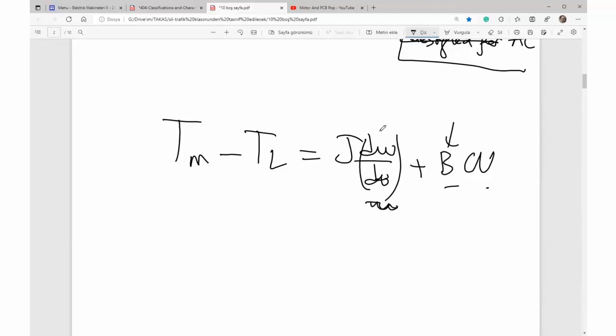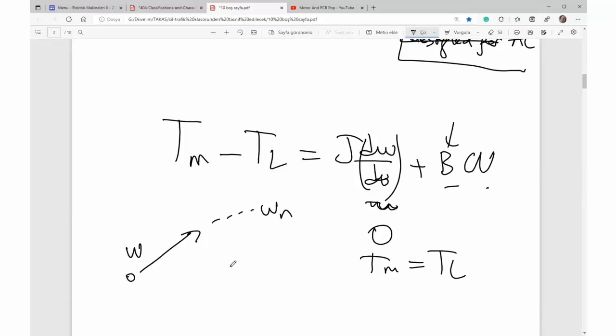Acceleration is a derivative, so in steady state there is no speed change, so applied mechanical torque will be equal to load torque. But in startup, you should start the machine from 0 speed up to, let's say, rated speed.